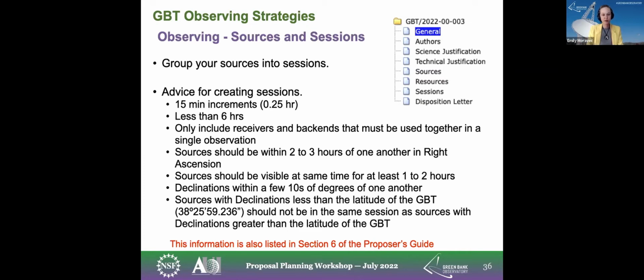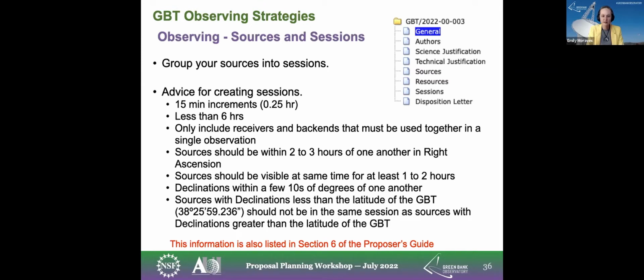And then make sure that your sessions are rounded up to every 15 minutes or 0.25 hour. We don't granulate any smaller than that. And you want your sessions to be less than 6 hours.